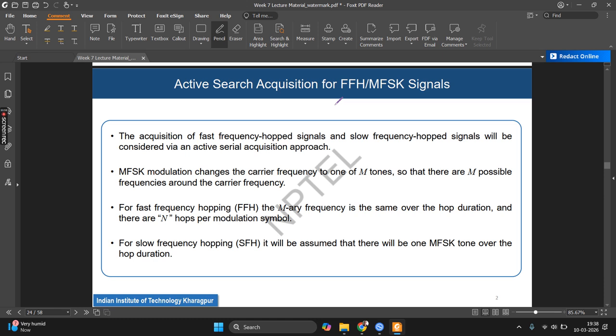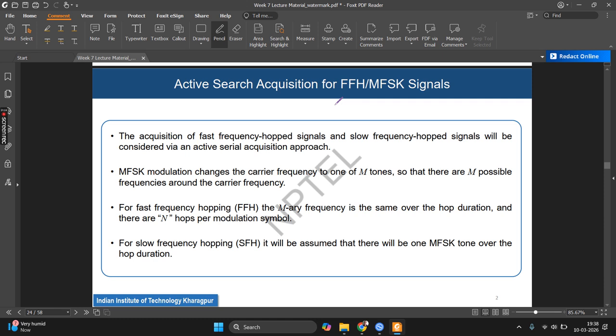There is a fast frequency hop signal and there is a slow frequency hop signal, where you decide on the rate of hop. If within the code sequence only you are changing the frequencies, you are doing fast frequency hopping.